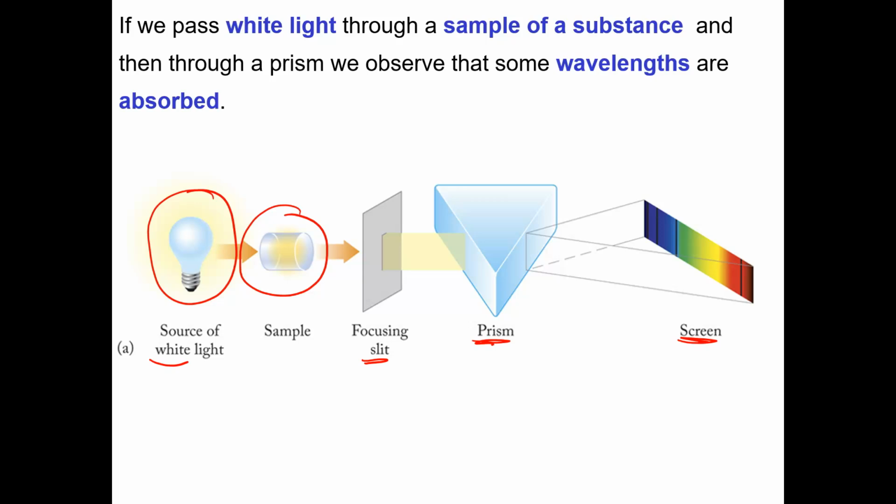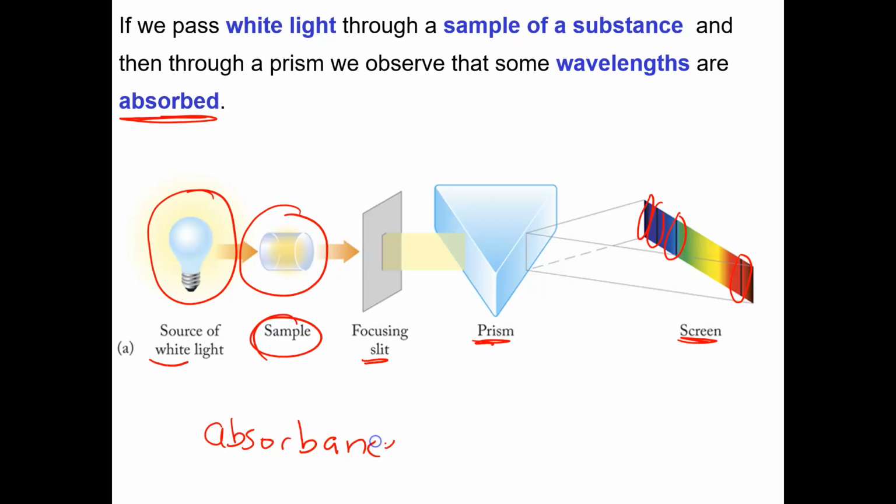Now, what we observe in this case is a rainbow, but we get a series of lines that are black where light is being absorbed by our sample. And so they call this an absorbance spectrum.